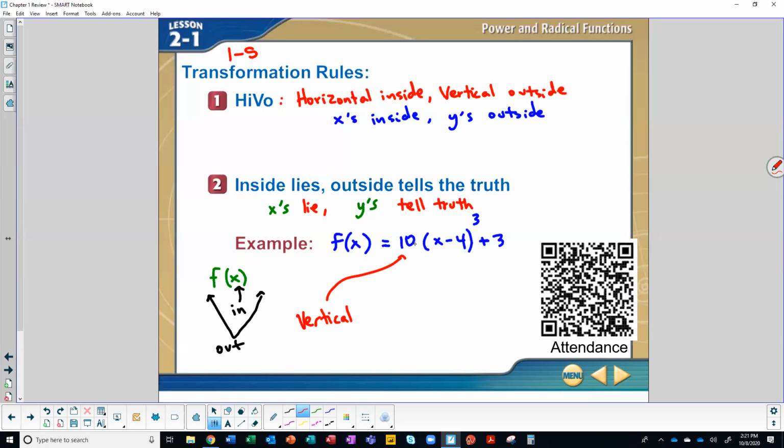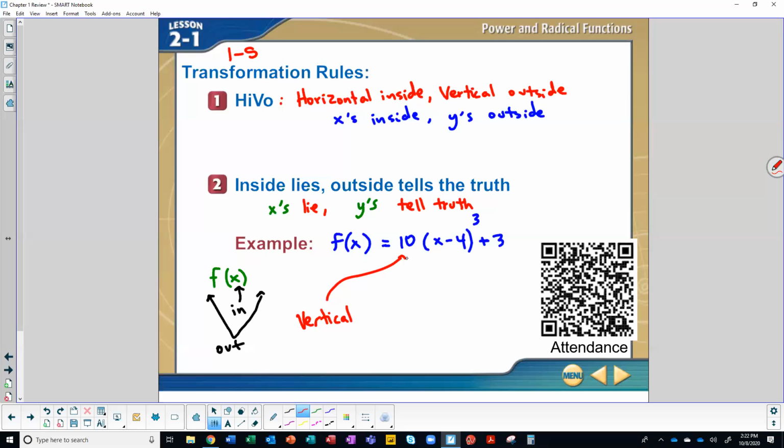And that 10 there, what's it doing mathematically, specifically to where those parentheses with the X? Is it adding, subtracting, multiplying, or dividing? It's multiplying. So anytime you multiply a number by 10, it always grows larger.